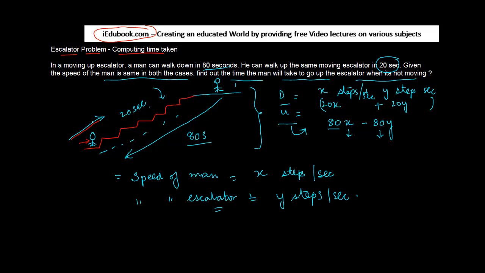But you know that the total distance covered in going up and coming down is equal. So in other words, d is equal to u, or 20x plus 20y is equal to 80x minus 80y.